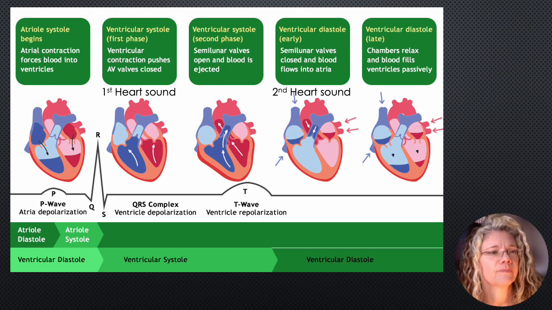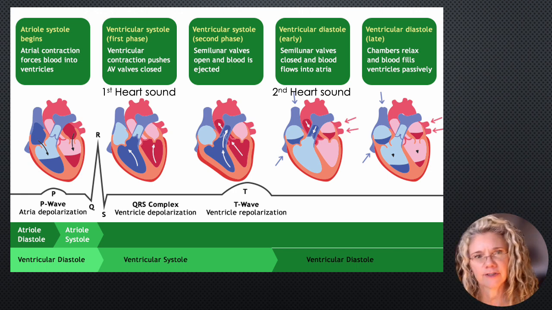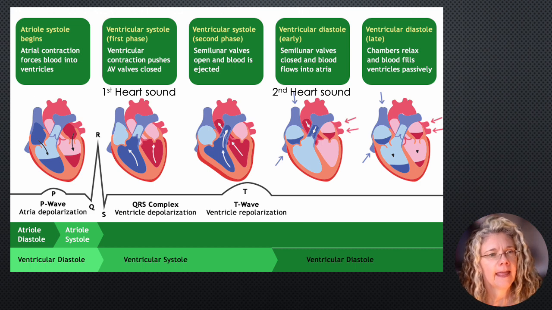All right, then throughout ventricular systole, our semilunar valves are going to open as the pressure builds. Our semilunar valves open, and blood gets ejected either into the pulmonary trunk or into the aorta. And then we see our T wave as the ventricles begin to repolarize and relax.